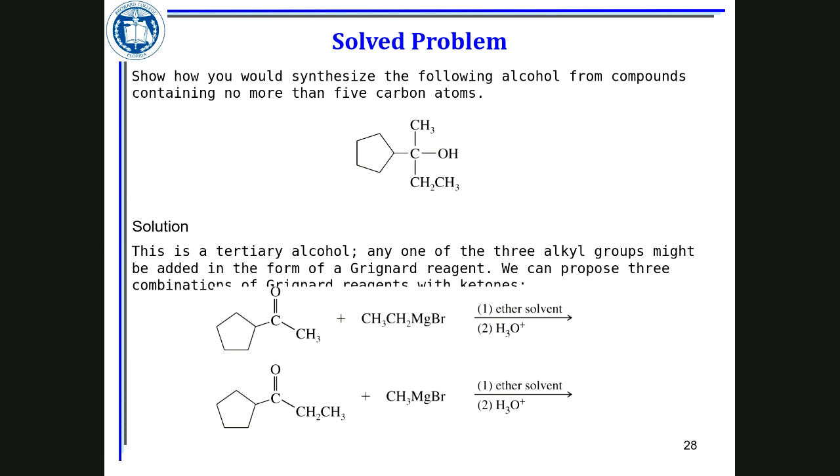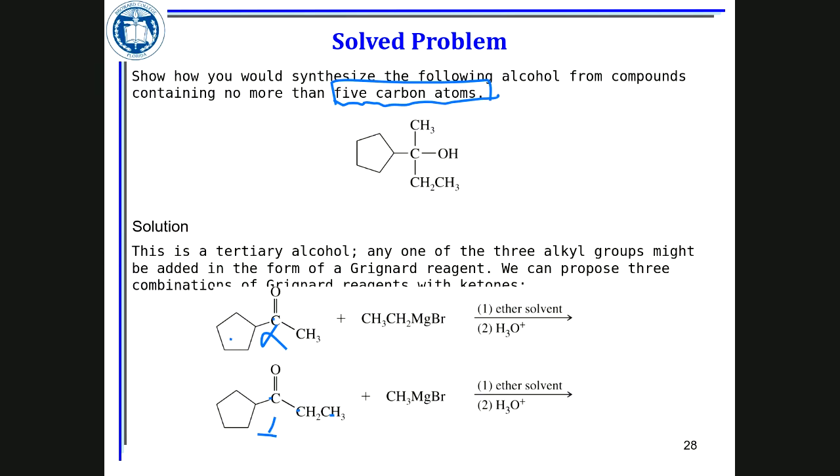Sometimes the question is a little more specific, and says that your reactant cannot have more than 5 carbons. You have 7 carbons here and 8 carbons here. That is a proper method to make this, but if you are restricted to no more than 5 carbons, these are not going to work.